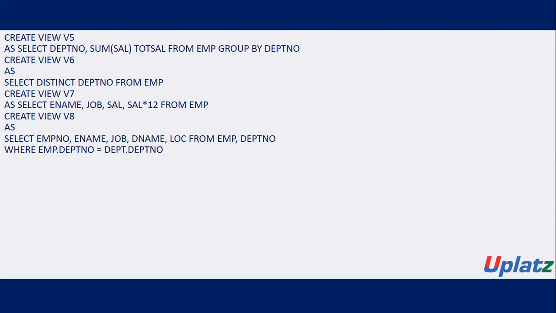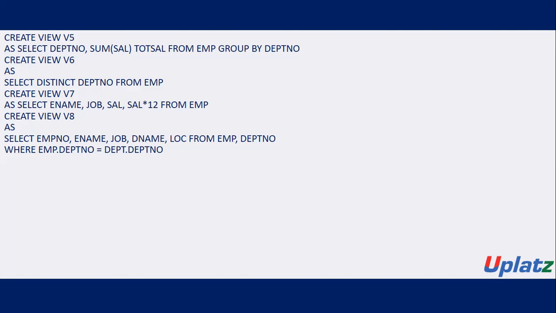We cannot directly use these two columns. We have to access these columns with the help of their table names. That is EMP, the name of the table, then dot department number.